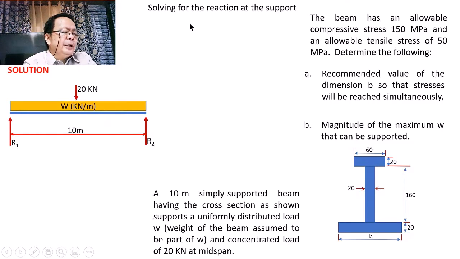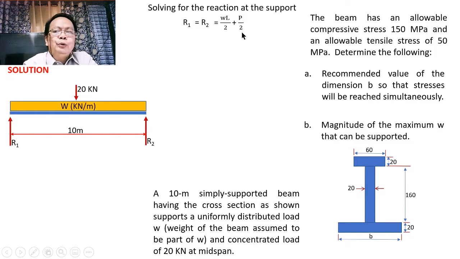R1 equals R2, and this will be equal to 1/2 of the weight due to the uniformly distributed load, that is WL over 2, plus 1/2 of the concentrated load of 20.